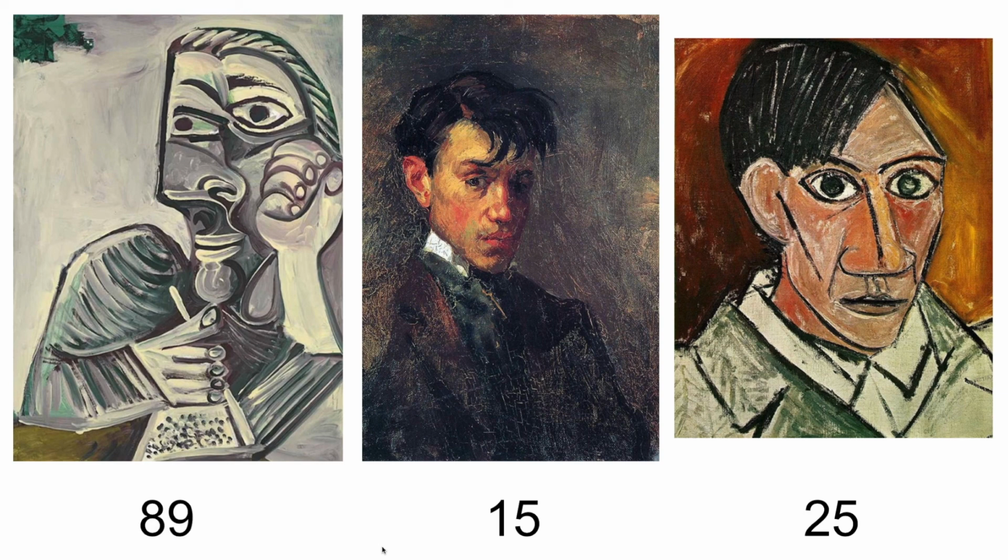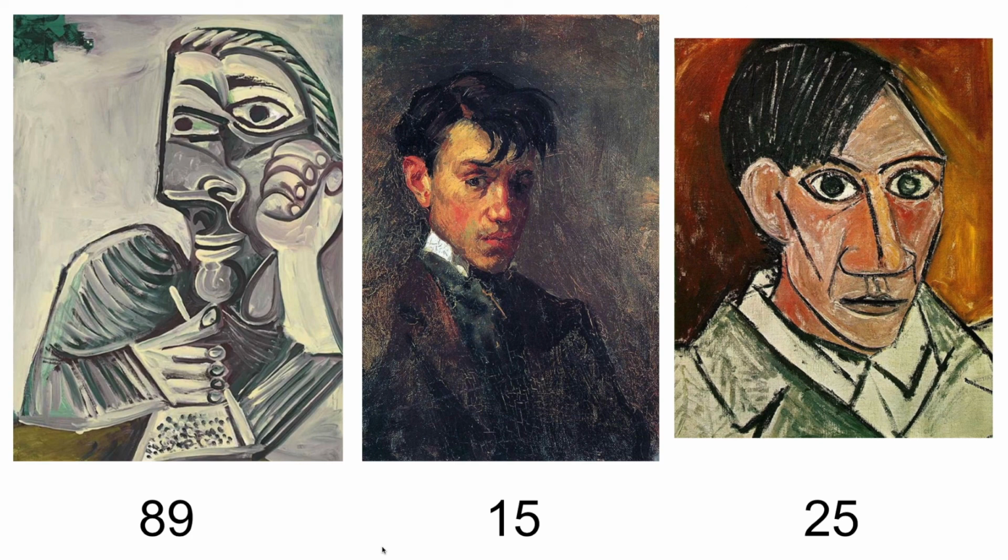So the one on the left, that gray, very abstract one, he painted when he was 89. The one in the middle, that's a little bit more realistic, painted when he was 15. And that one on the right, that's pretty abstract too, but maybe a little more realistic than that first one, he painted when he was 25.